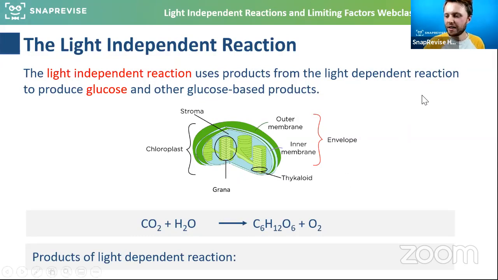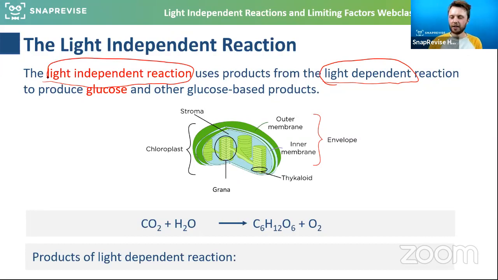So the light independent reaction basically uses all of the stuff that we made in the light dependent reaction, and it's a bit stupid that we therefore refer to it as the light independent reaction. To get my point across, if you are going to refer to yourself as being independent of light, but you rely on all the products from light, it seems a little bit hypocritical to me.